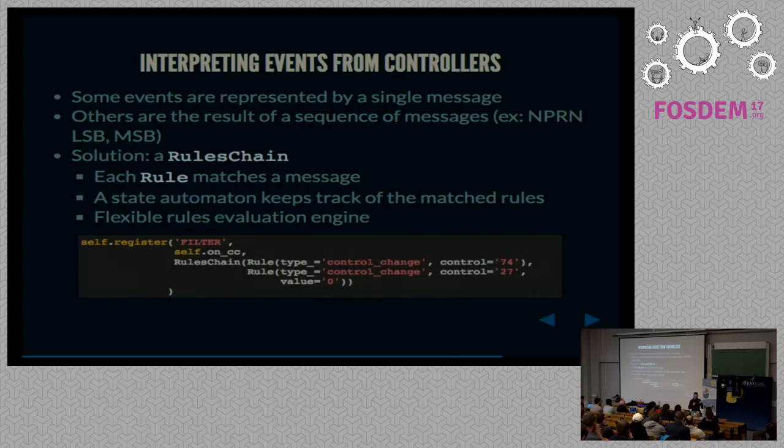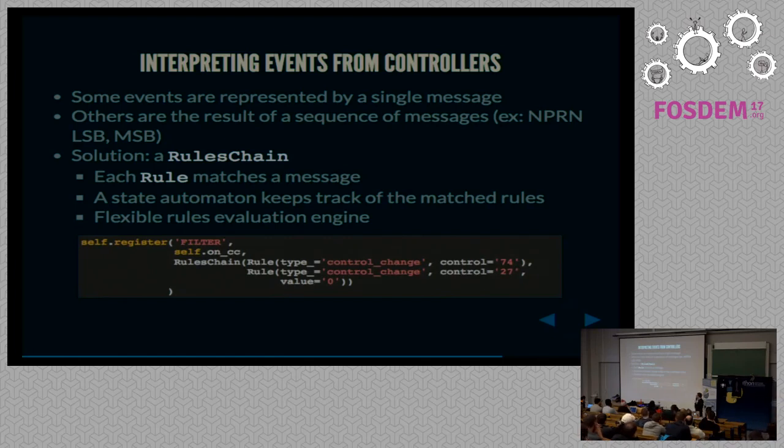So I created a rules chain with each rule matching an individual message, and you have a state automaton which keeps track of the matched rules so far. So here, using this, we have a really flexible rules evaluation engine with which you can declare lots of things.